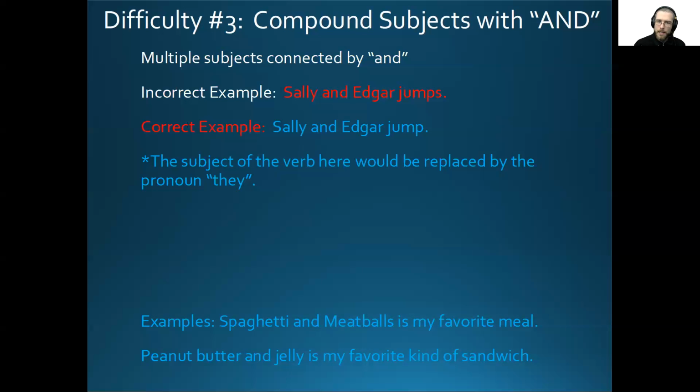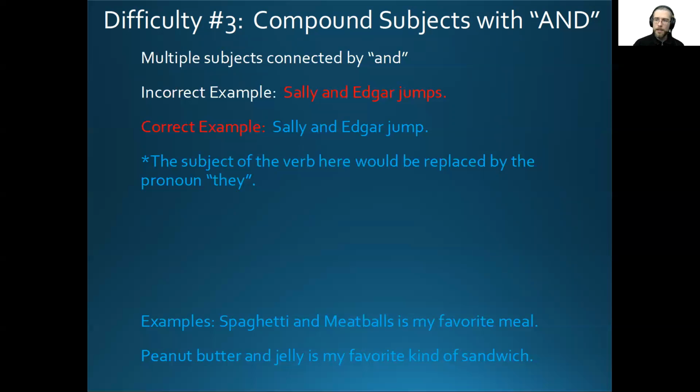One of them is this. When you're looking at a compound subject, some groups of things are considered as one. For instance, spaghetti and meatballs is one dish. You have your spaghetti and you have your meatballs on top, and you eat it together as one meal. Peanut butter and jelly, they're two different things.